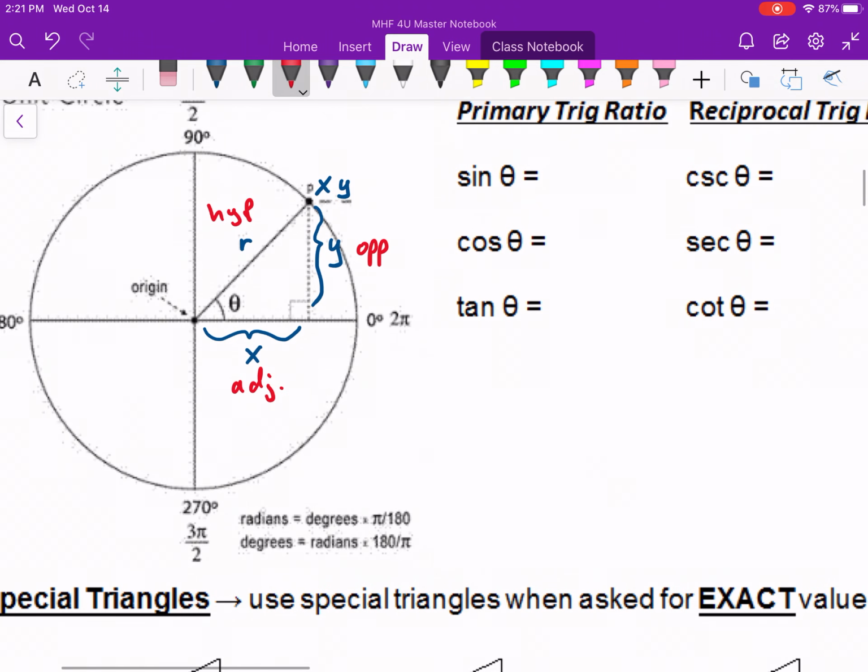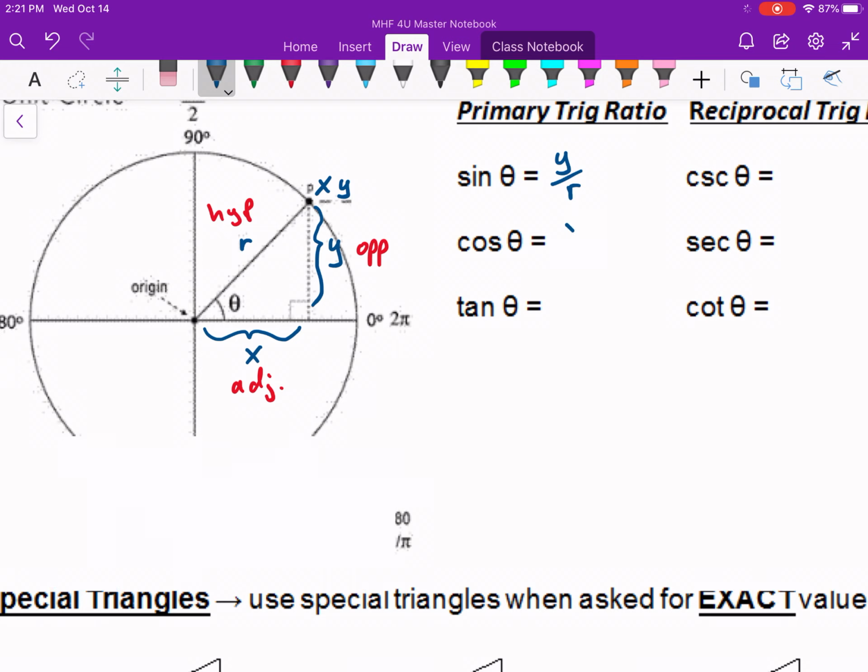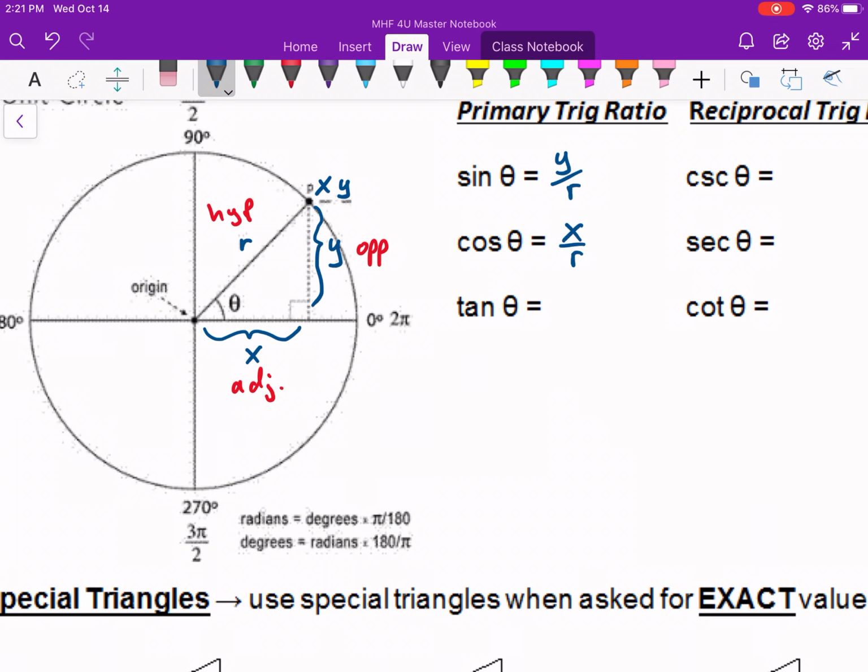So the primary trig ratios, of course, are opposite over hypotenuse. So for sine, opposite over hypotenuse in this unit circle would be y over r. Y is our opposite side, hypotenuse is r. Cosine would be x over r. Tan would be y over x.